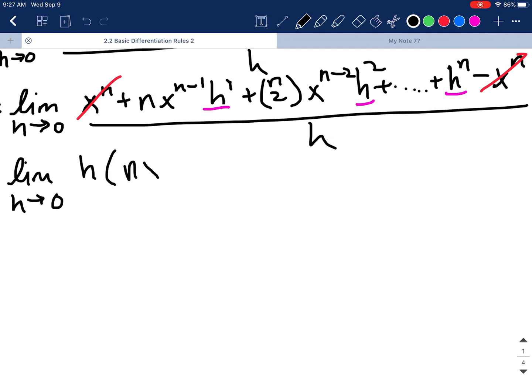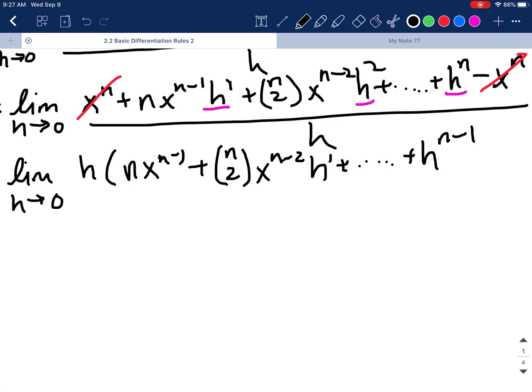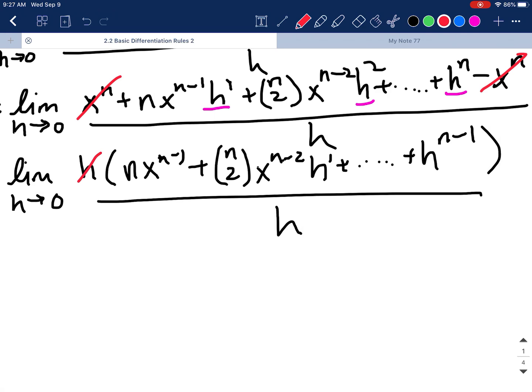So we're going to have h times n x to the n minus 1 plus n choose 2 x to the n minus 2 times h to the first, because I took one h out. And then again, we'll take an h out of every remaining term, and then we'll end with h to the n minus 1, all over h, which cancels.